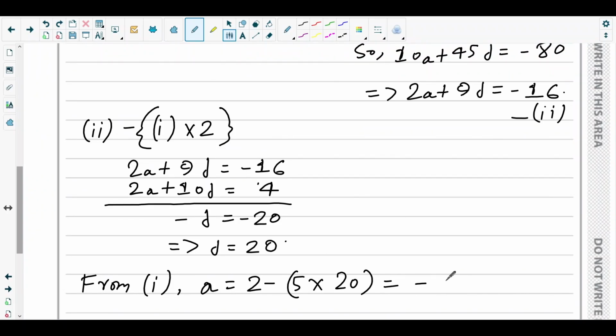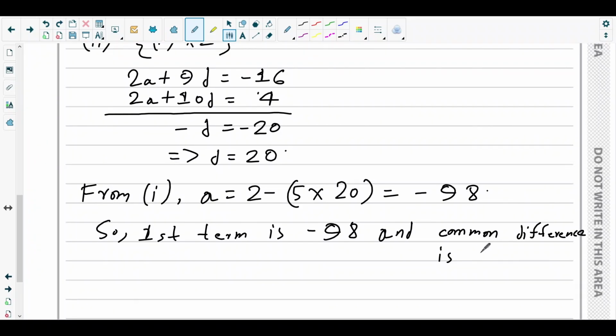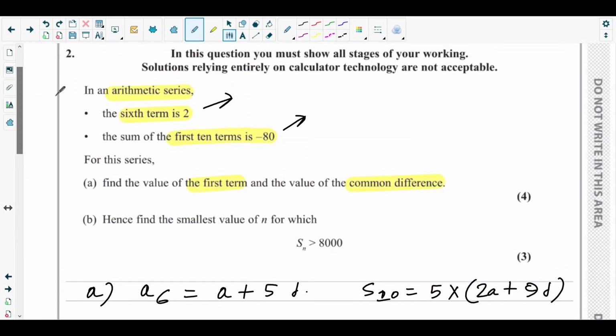So this will give you negative 98. So the first term is negative 98, and the common difference is 20. That's it. We got the common difference and the first term of the arithmetic series. That's what part A of question number 2 has asked for.